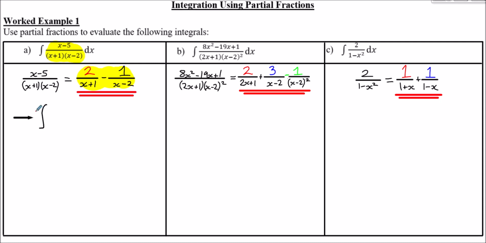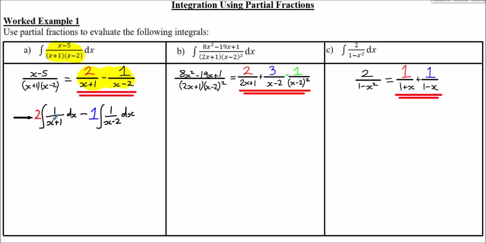So I'm going to say it's 2, and then 1 over x plus 1 dx, and then I'm going to put the minus 1, then the integral of 1 over x minus 2 dx there. Just by doing it this way, it's an easier way of seeing that these are both going to become natural logarithms.